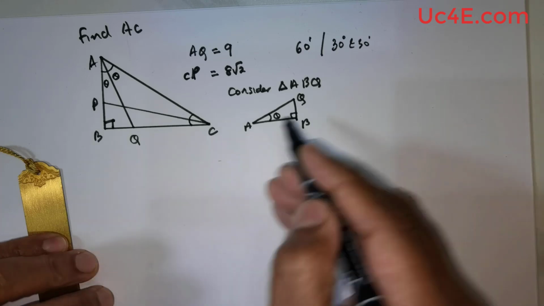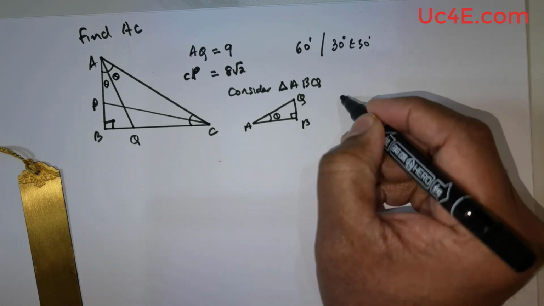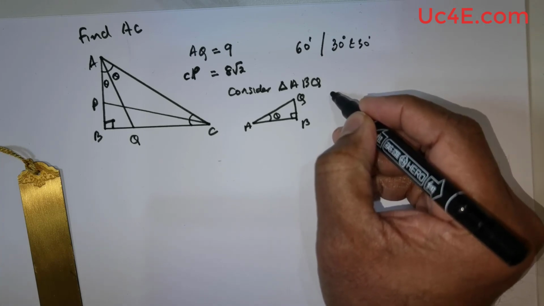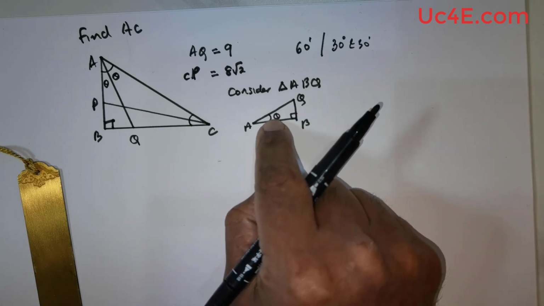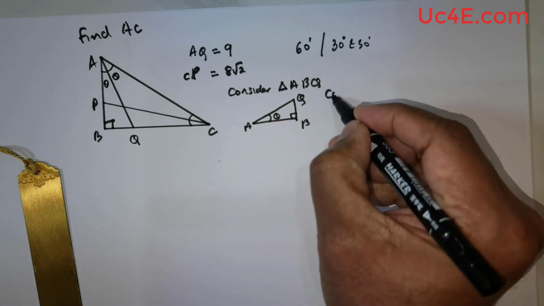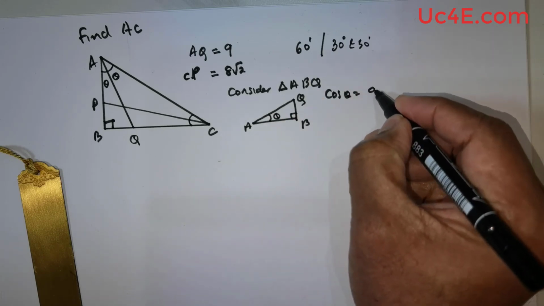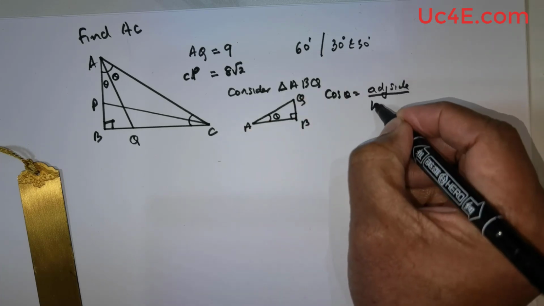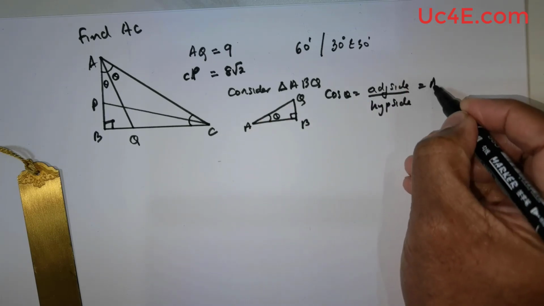So let me use the law connecting cosine. I want to get the trigonometric ratio involving cos. Now if I were to take cos of this theta, then that would be the adjacent side divided by the hypotenuse side. Now what is the adjacent side? AB.